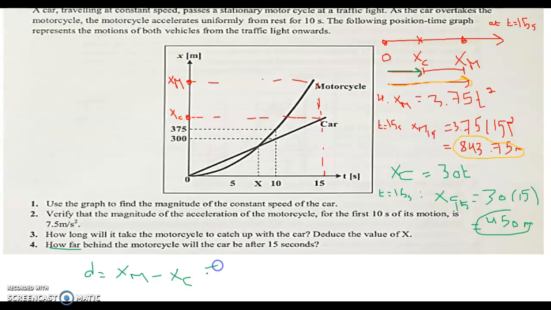So this is equal to 843.75 minus 450 meters, which is equal to 393.75.